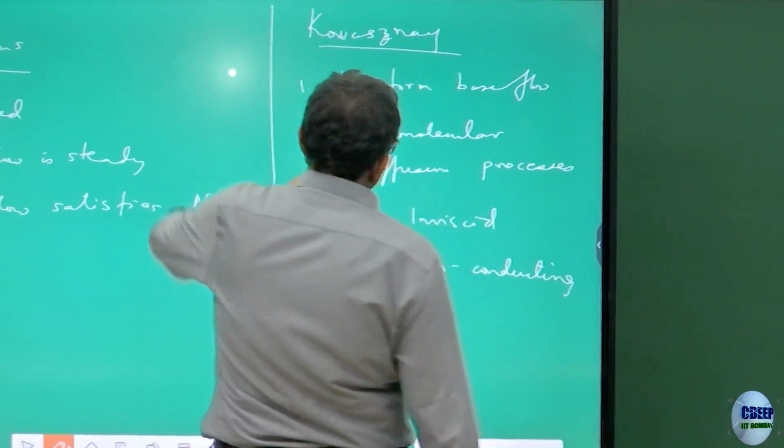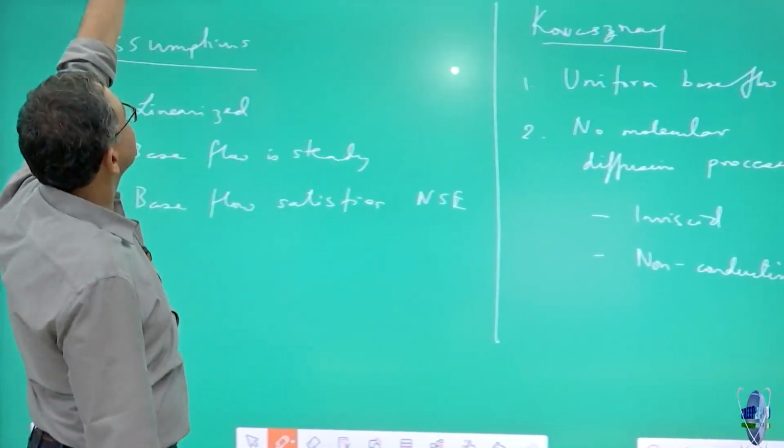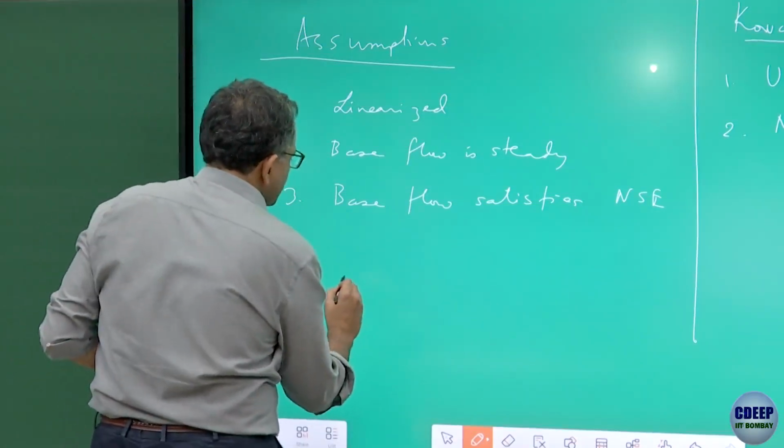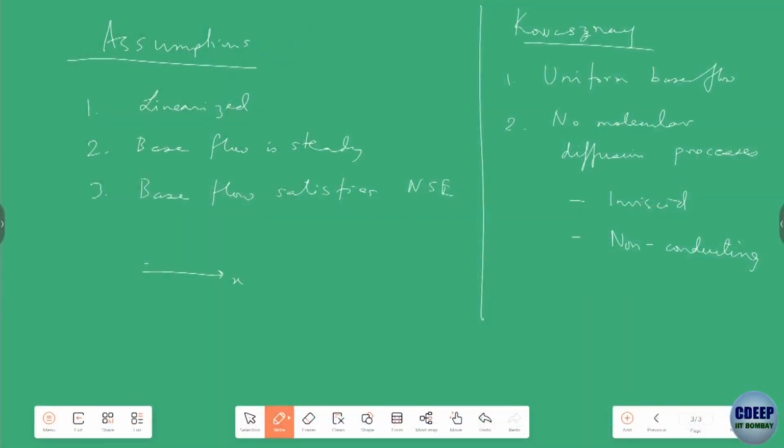So we will now specialize these equations, and we will do one other thing. The one other thing is that we will choose our x, y, and possibly z axes so that the x axis is along the u0 direction.